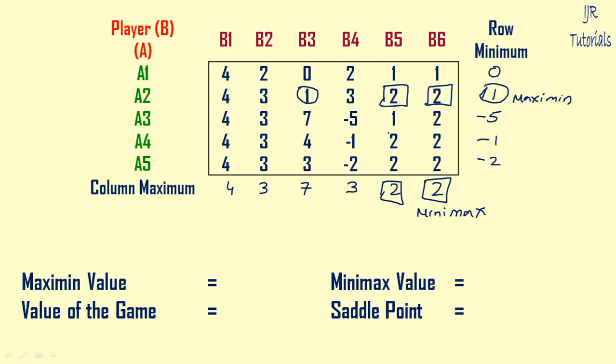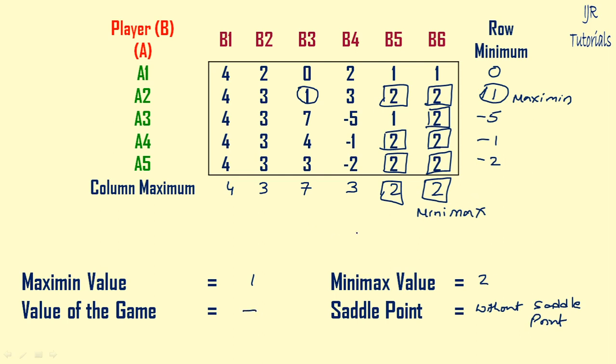There are 3 twos under B5, and under B6 there are 4 twos. So the maximin value is 1 and the minimax value is 2. That means maximin is not equal to minimax, so again the game is without a saddle point. So now it is not possible for us to find the value of the game.